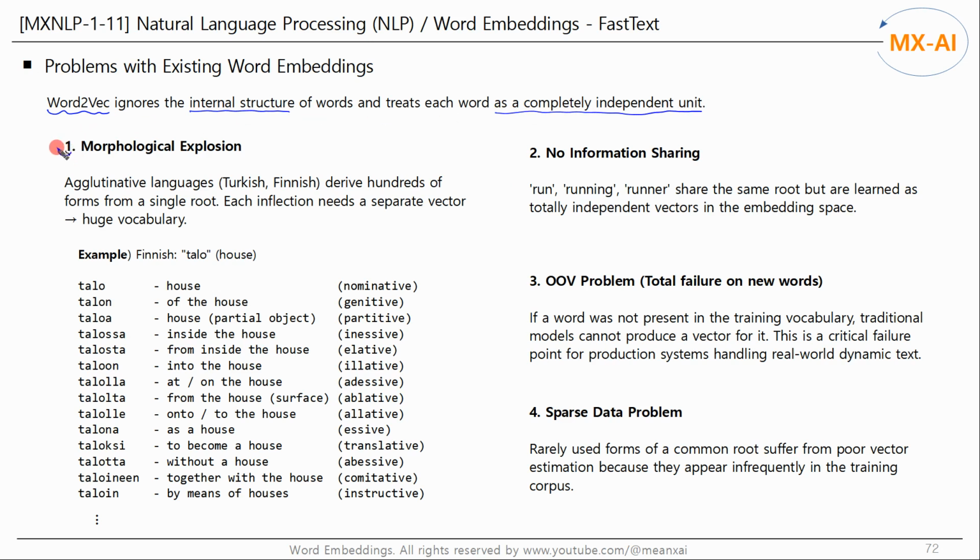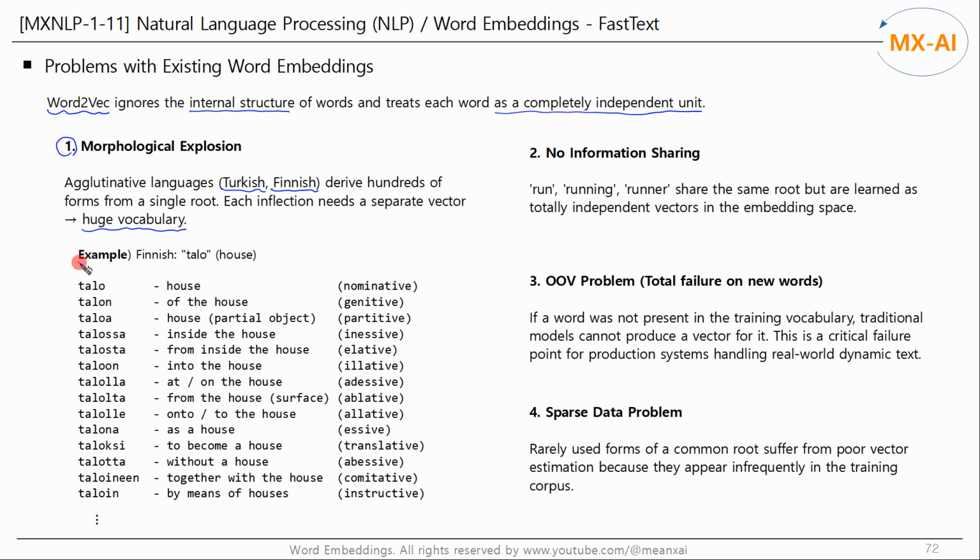The first problem is morphological explosion. Languages such as Turkish, Finnish, and Korean can generate hundreds of word forms from a single root word. As a result, the model requires a huge vocabulary because every inflected form needs its own vector.